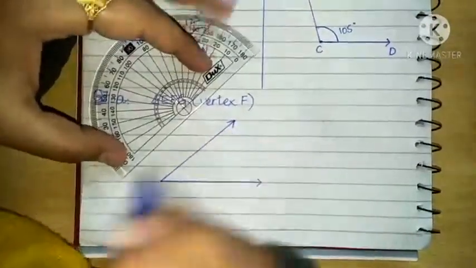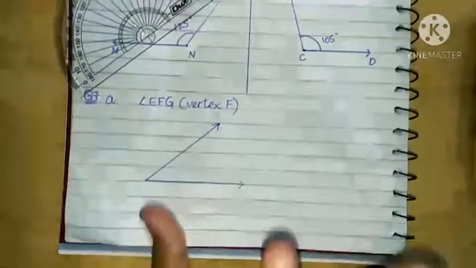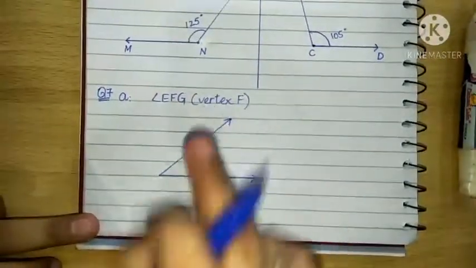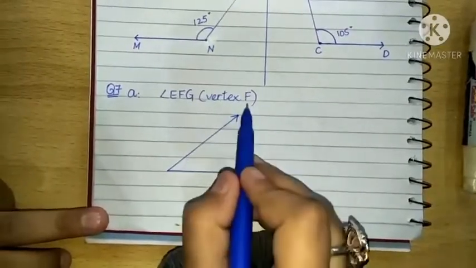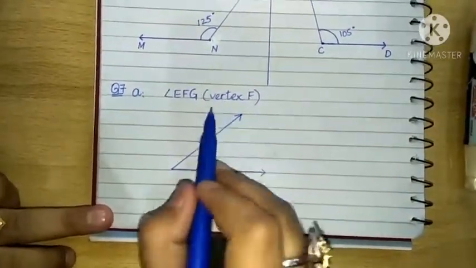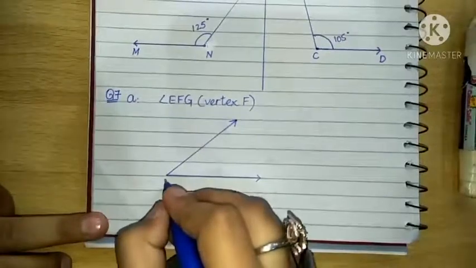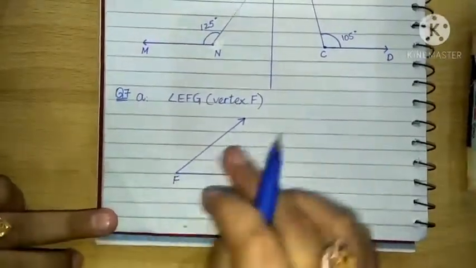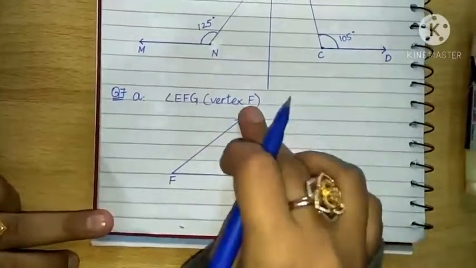First of all, you have to draw any type of angle, any measurement of angle. Then the main purpose of this question is that you have to name F as the vertex. So this is the vertex, so name this as F. Then you can write E here or here.